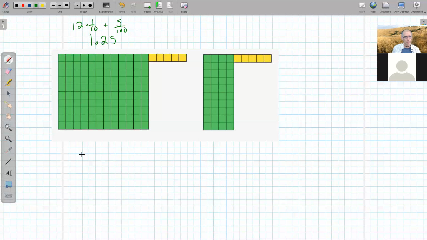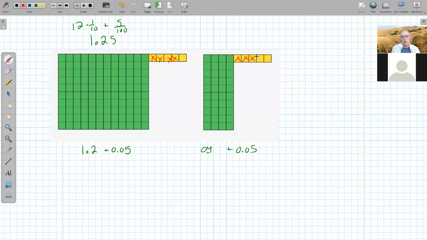I just rewrote it as 12 tenths; 1.2 is properly read as 12 tenths, or 1 and 2 tenths, and 5 hundredths, versus my 4 tenths and 5 hundredths. This matches that, and this compares to that, and so on.